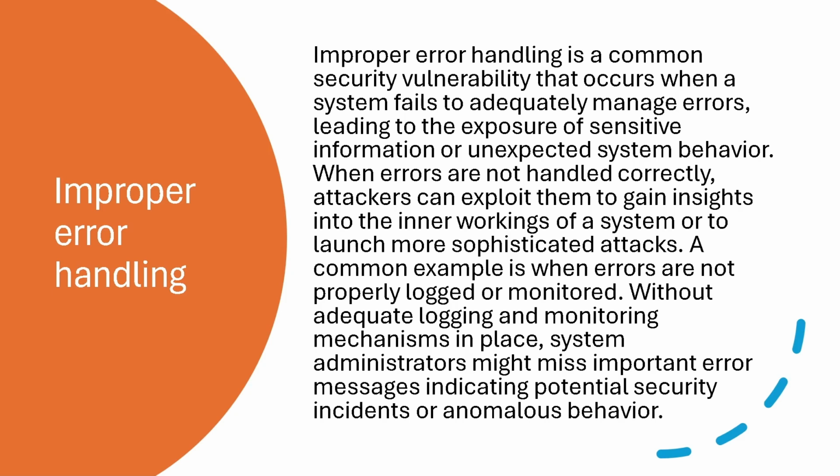A common example is when errors are not properly logged or monitored. Without adequate logging and monitoring mechanisms in place, system admins might miss important error messages indicating potential security incidents or anomalous behavior. It can also happen when an error shows too much information about the system.